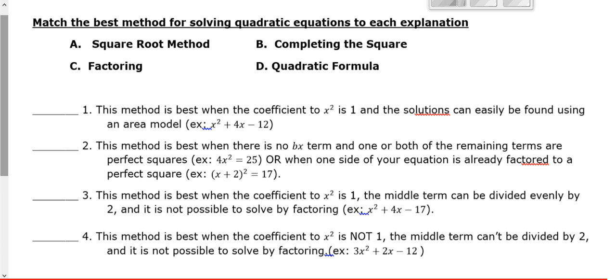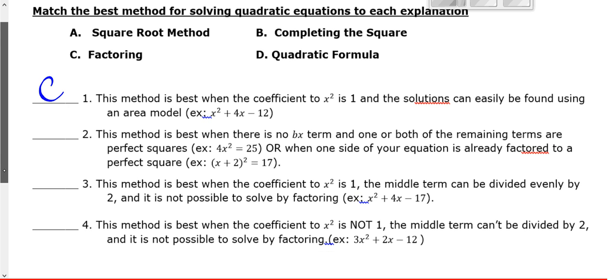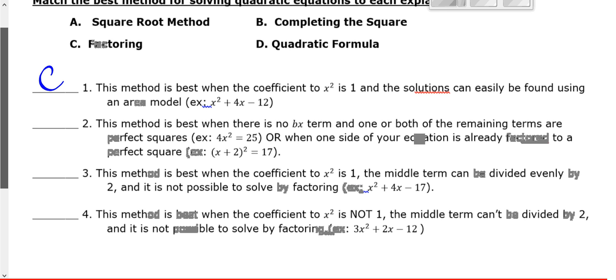So when I'm using my area model, that's when I am typically factoring, so C, okay? And that is best, so for an example, x squared plus 4x minus 12. I have a coefficient of 1, and I can easily set this up in an area model and solve. Number two, this method is best when there is no bx term and one or both of the remaining terms are perfect squares.